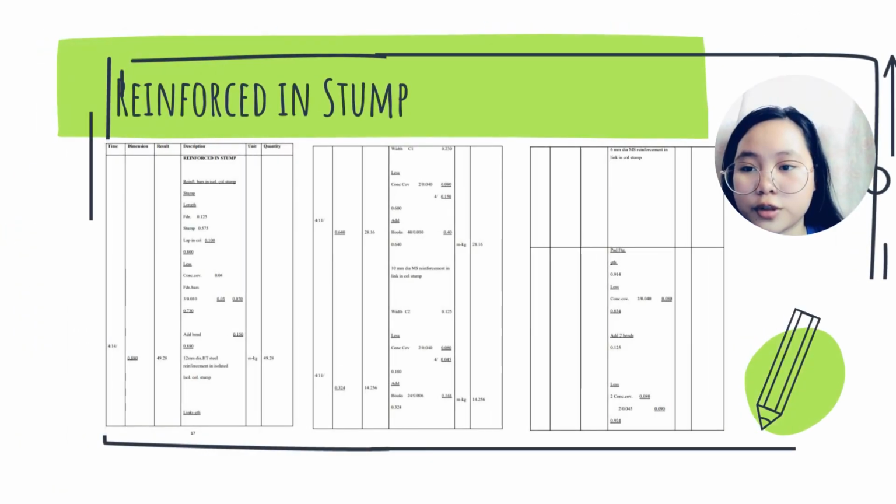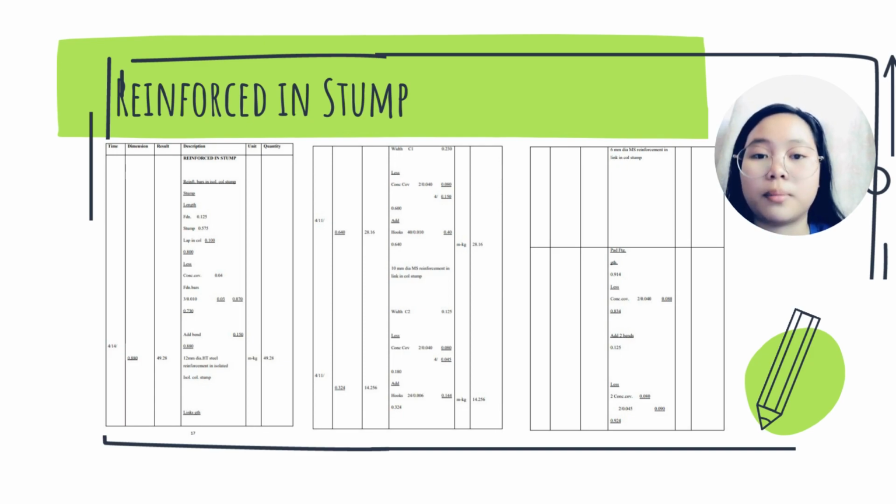For the reinforcing stump, the length of the stump we have to deduct with the concrete cover and also the foundation bars. We get 0.730, and we have to add again with the bend, which is 0.150, so we get 0.880.